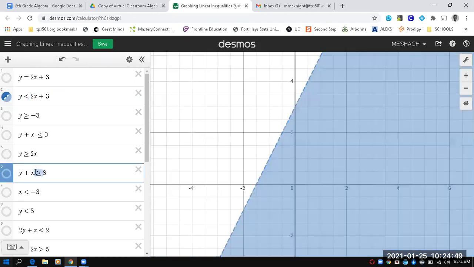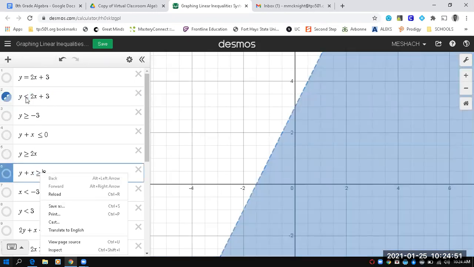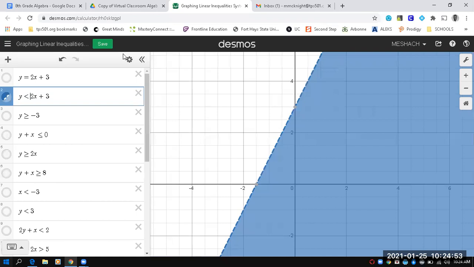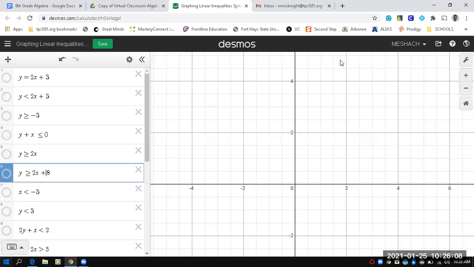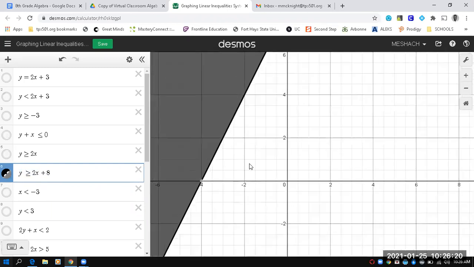Now let's look at a different example. What if I had, we're looking at this example right here on my left, y is greater than or equal to 2x plus 8. Let's see what that graph comes out to. There it is.